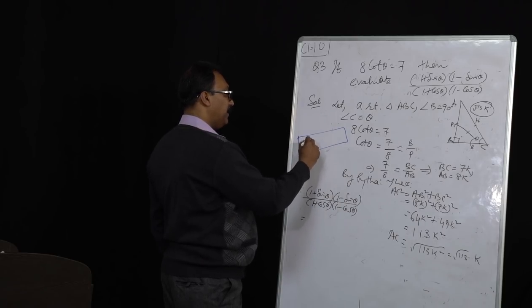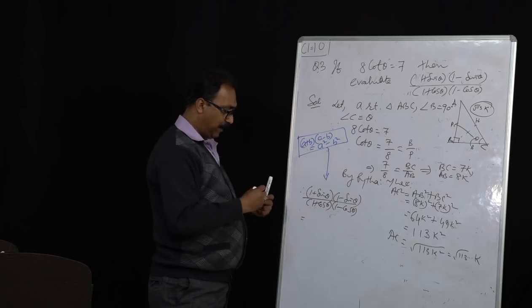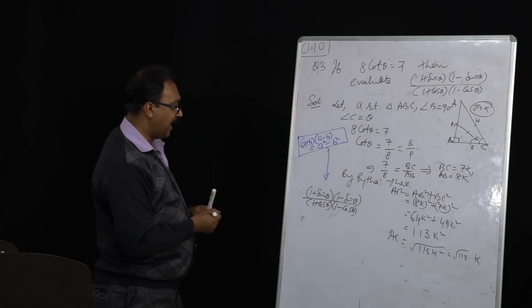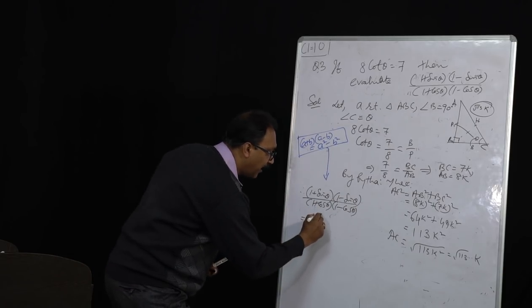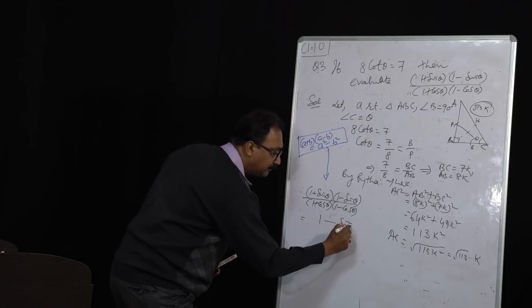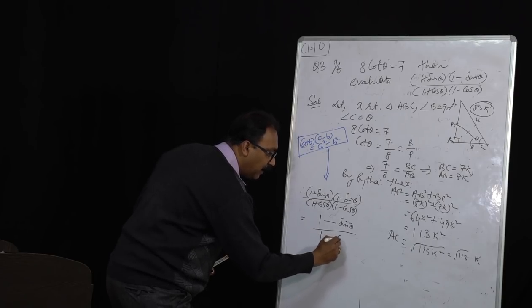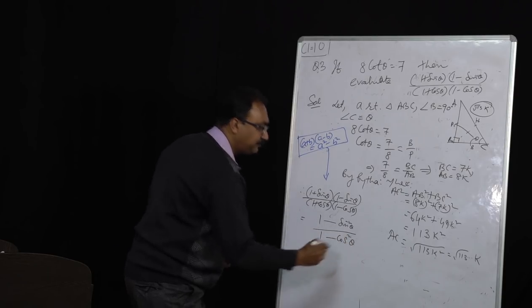A plus B into A minus B is equal to A square minus B square. So this formula we have to apply here. So we can say 1 square is 1 and sine square theta. And here 1 square is 1 and cos square theta.